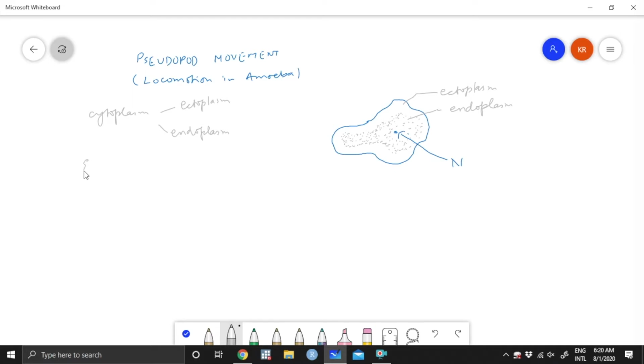This ectoplasm is a little more thicker, so we call it as gel-like. So it's a little more solid.